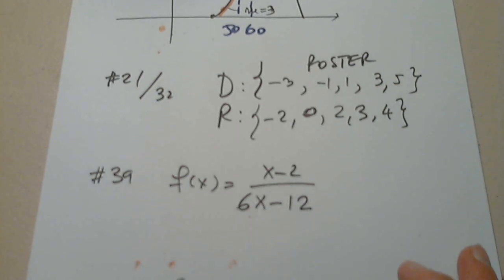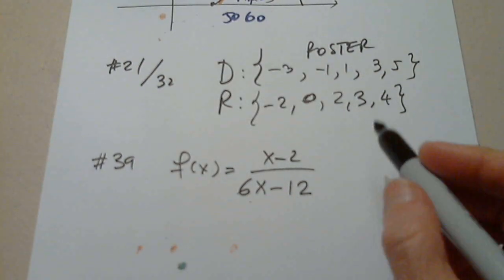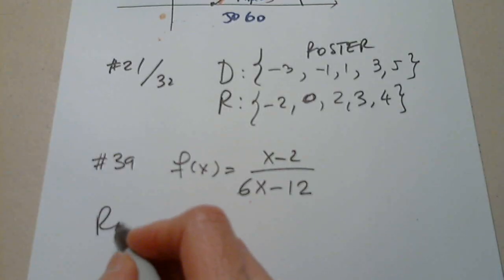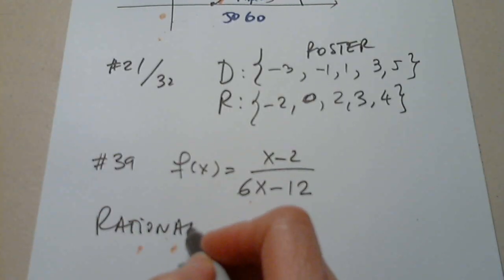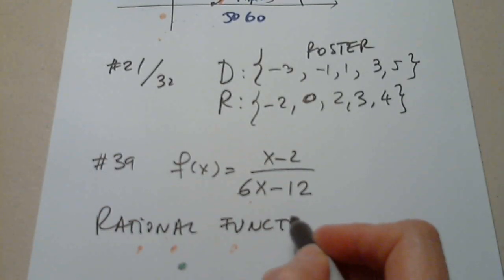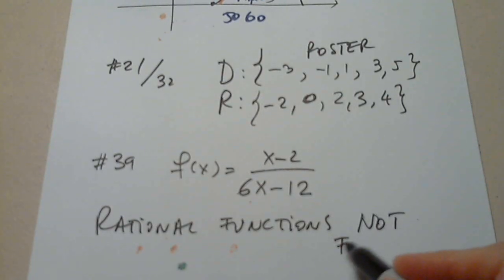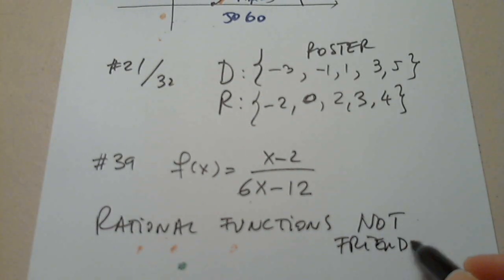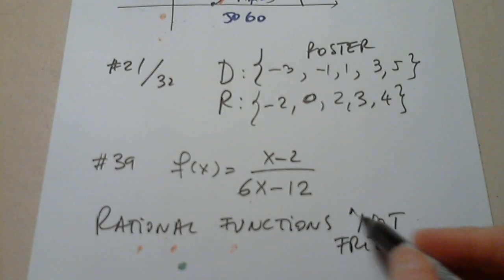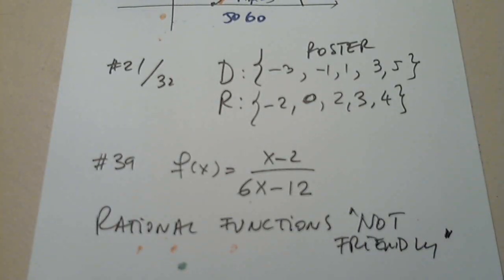Okay. What could be a problem? So this is a rational function. I like to call them not friendly. I have to worry about them, in other words.